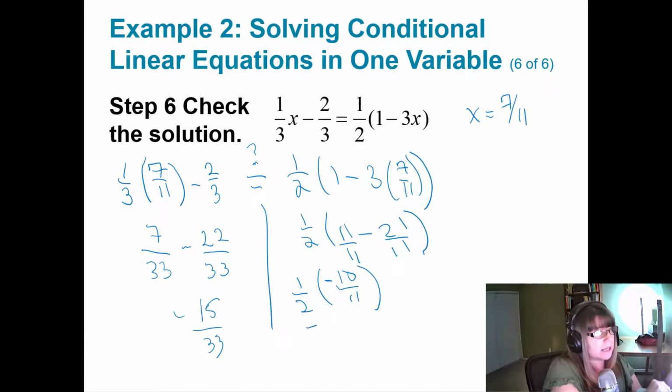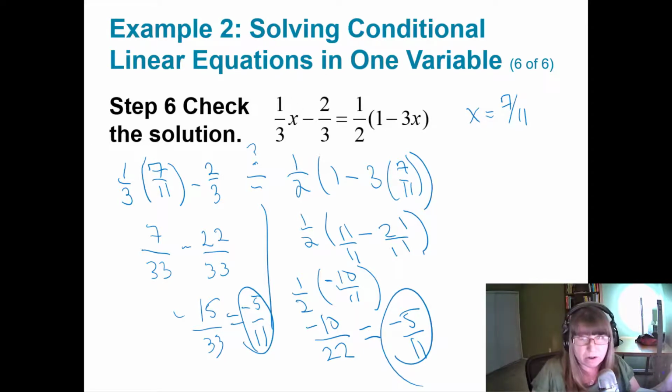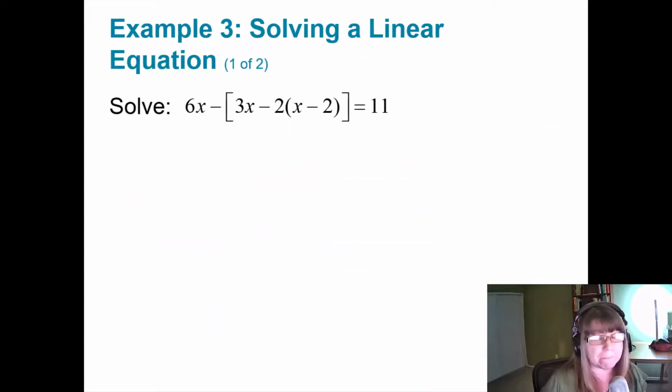That's going to be negative 10 over 22, which I can divide both of those by 2. I get negative 5 over 11. And if I divide the other side by 3, I get negative 5 over 11. And because both sides equal one another, my solution is good.